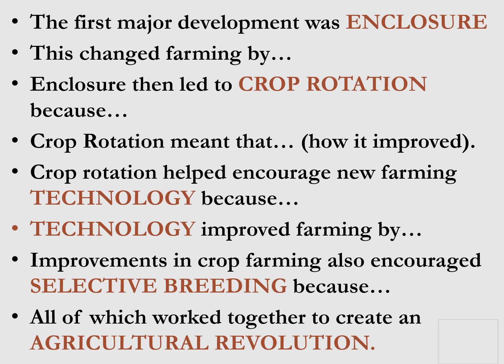It was much easier. Then you need to add on and say crop rotation meant, and you need to say why crop rotation was good and what it did. So you talk about the movement from fallow fields to including things like clover. Use those specific details.